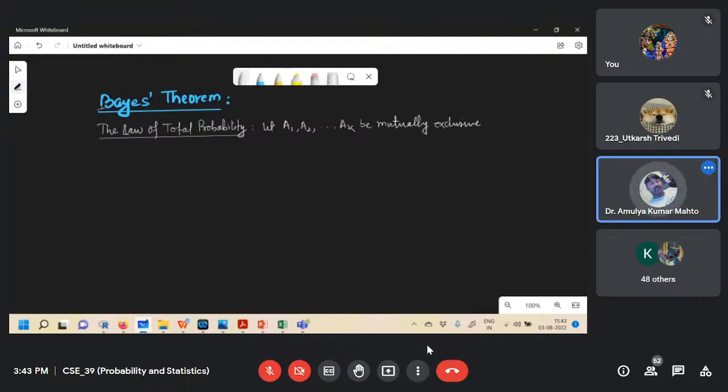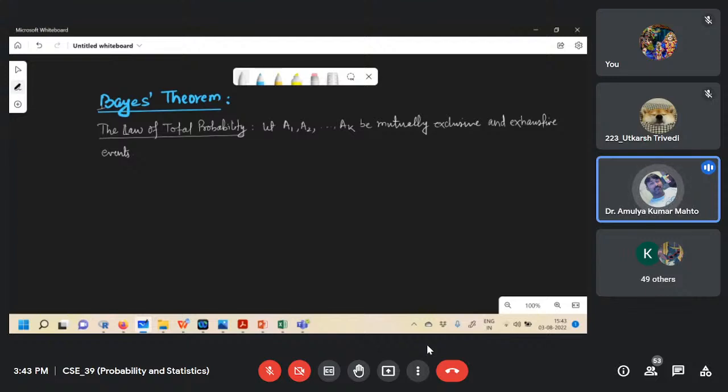Mutually exclusive means disjoint events. Nothing is common between any two of them. If you take the intersection of all of these, nothing is common. So they are mutually exclusive and exhaustive events.